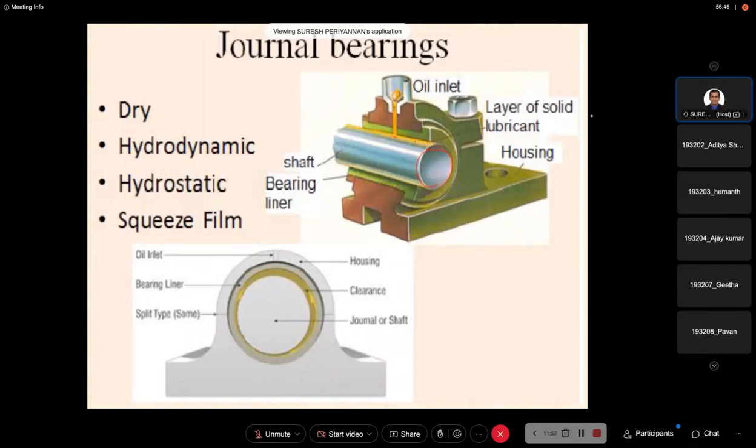Reynolds developed the partial differential equation for hydrodynamic behavior. Raimondi and Boyd solved that equation using an iterative method with the help of the computer. Then they obtained the solutions and verified them with practical conditions.